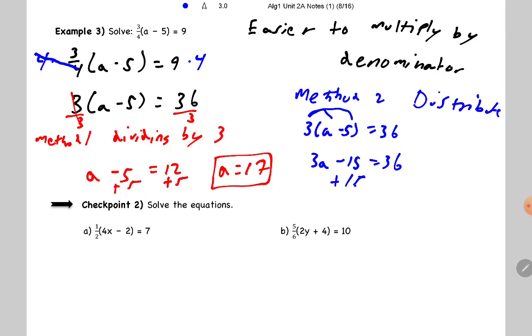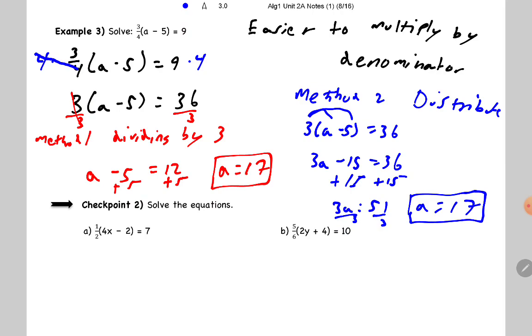I'm going to add 15 to both sides and get 3a equals 51. Divide both sides by 3, and I'll get a equals 17. Same answer. Whichever way you prefer, either method 1 or method 2. It doesn't matter as long as you get the right answer and you show me how you got there.